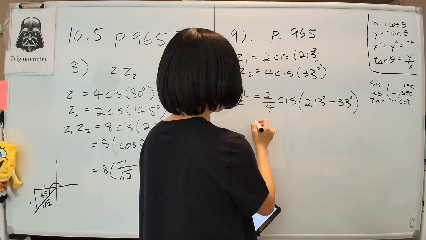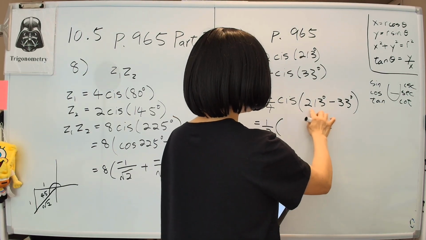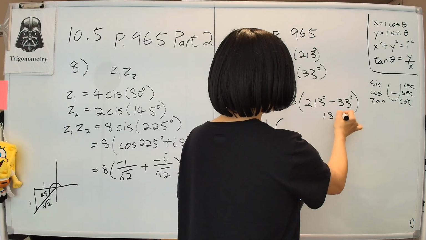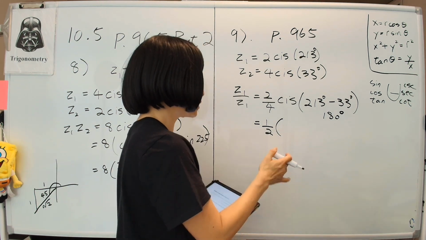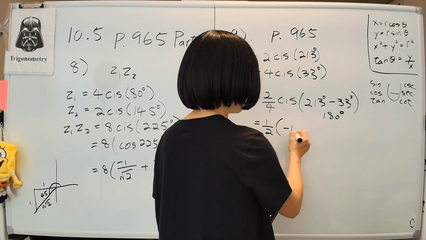Now that equals 1/2 times CIS of 213 minus 33 degrees, which is 180 degrees. Now 180 degrees is a bit special, because the cosine of 180 degrees is -1.